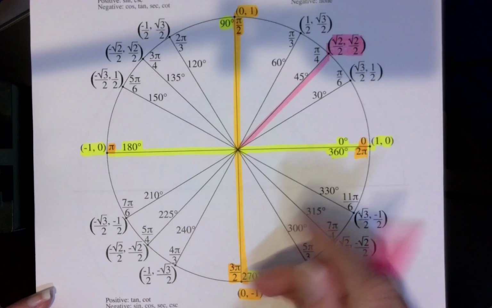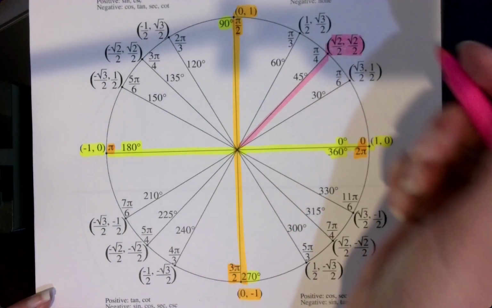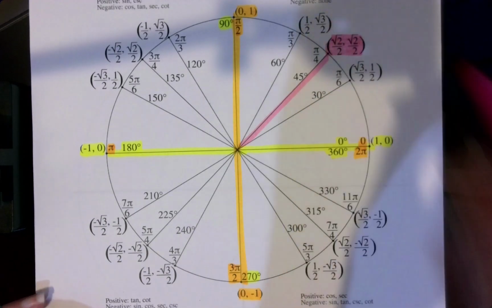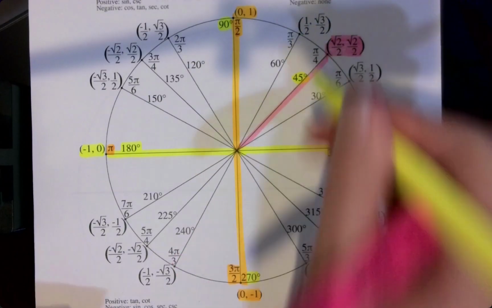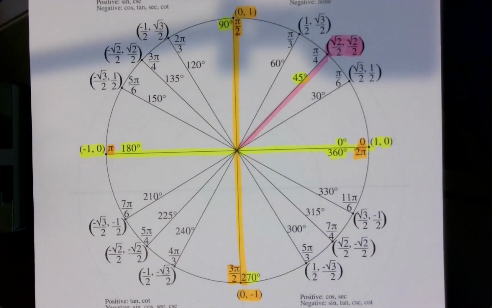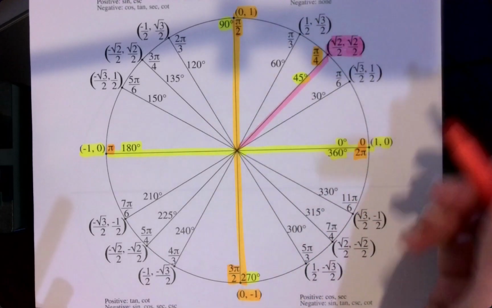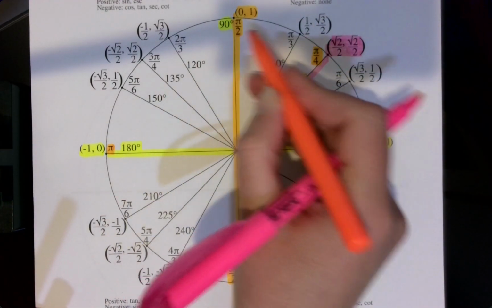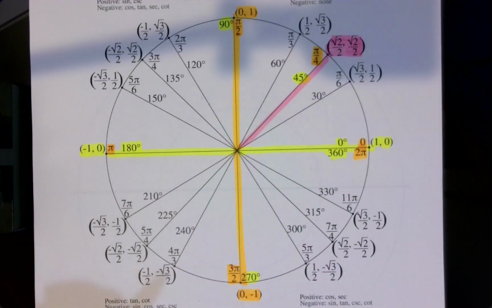non-axes values to remember because square root of 2 over 2 is the same x and y coordinate for the ordered pair. And that's going to be at our angles 45 in degrees, and that would be pi fourths in radians. Pi fourths because if that's pi, that's half of pi, and that's half of pi, so that's a quarter of pi.